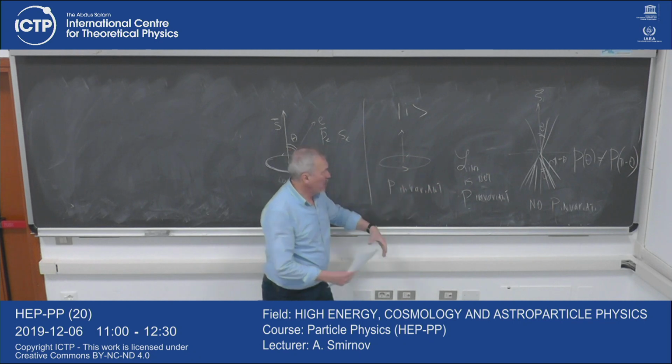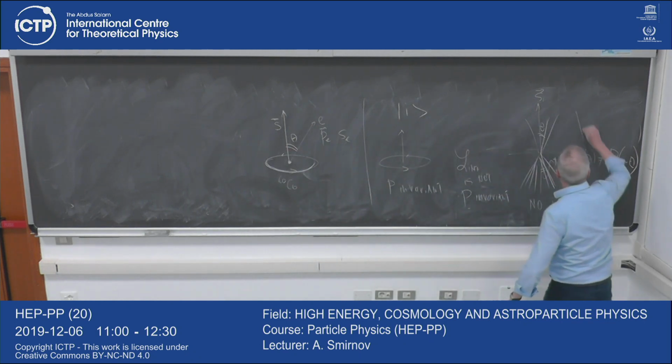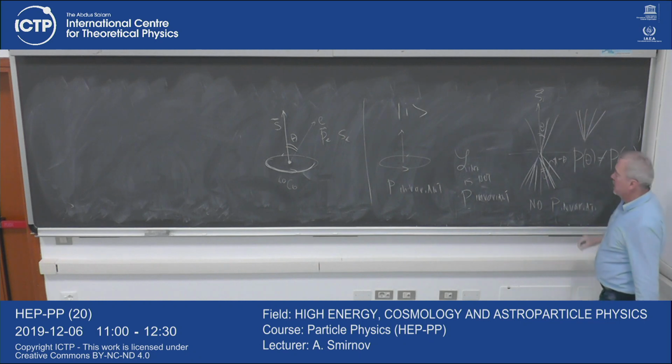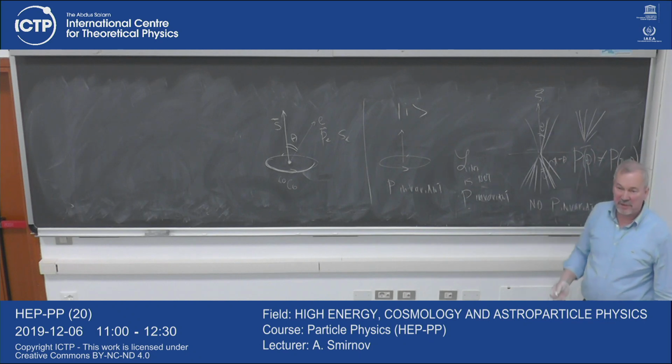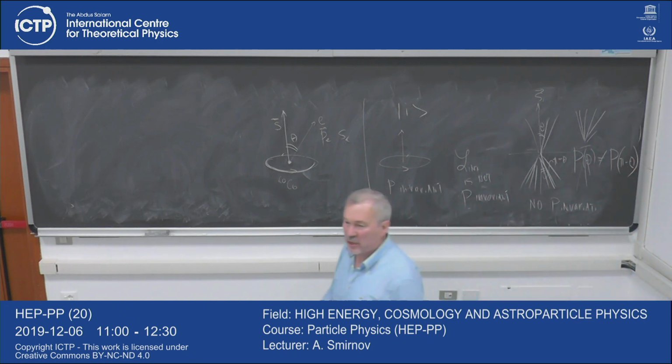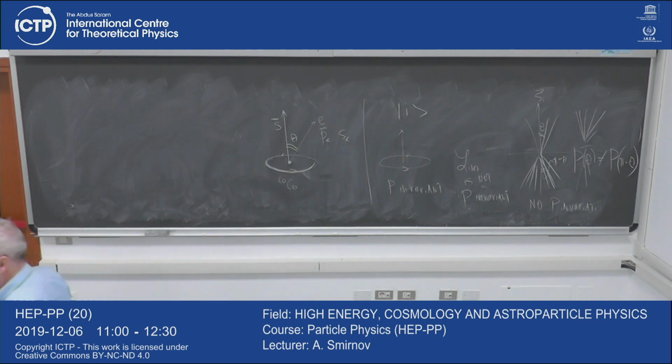Nuclei polarized in the opposite way will give the opposite situation, when more electrons go up and fewer down. And when you sum up, you will have a symmetric situation. Okay, so this is why polarization is important. Not because there is no parity violation, but because of this kind of summation, you hide the effect of parity violation. And this is the reason why in the early experiments, when polarization hadn't been used, people didn't see the effects of parity violation.